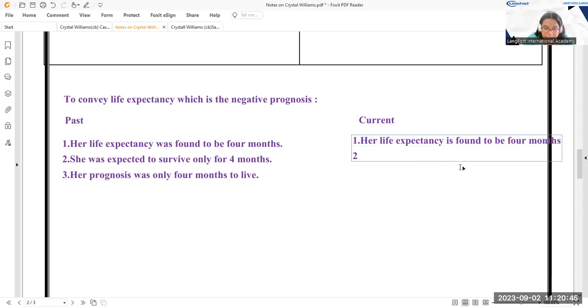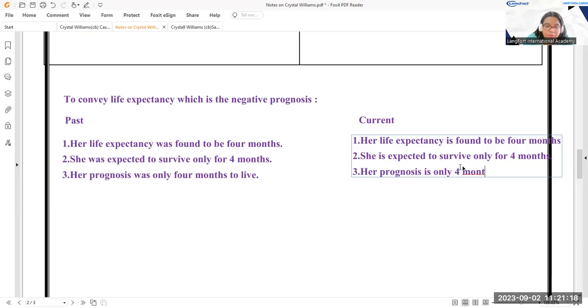Second, you can say she is expected to survive only for 4 months. I'm just writing numbers right now. Next one, her prognosis is only 4 months to live. All these are fine.